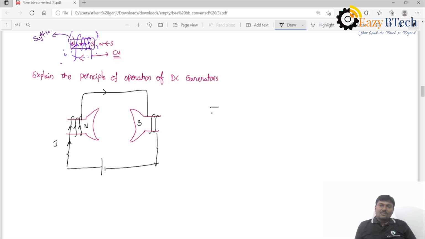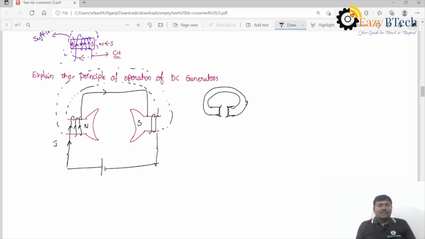Anyway, it is an enclosed one, a magnet which looks like a horseshoe. Because it is not open, we are not getting a single north pole and a single south pole. So it is an enclosed one.